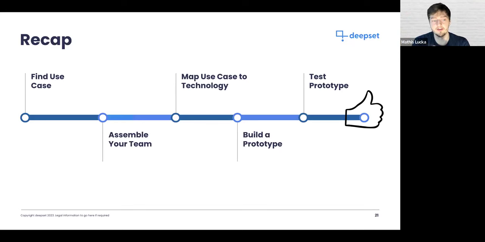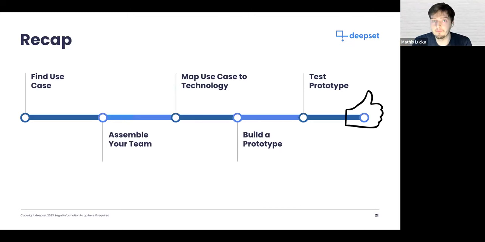We assembled our team: product leader, AI engineer, domain expert, a few software engineers. We mapped the use case to the technology. We drew our rough system architecture. We decided, is this RAG? Is this semantic search? Is this a chatbot?